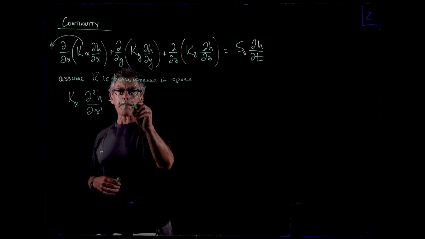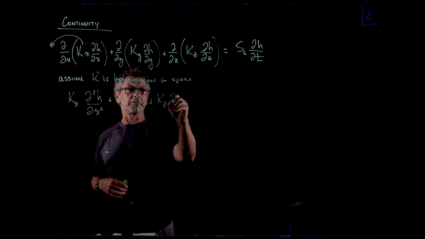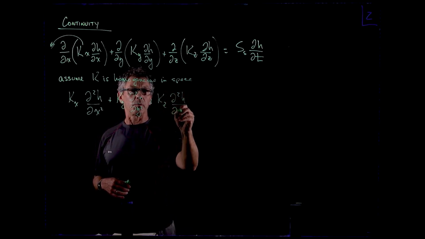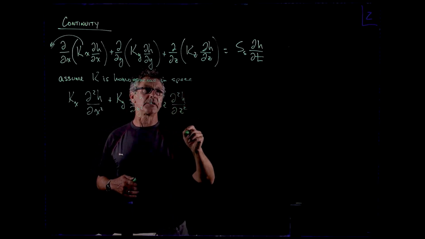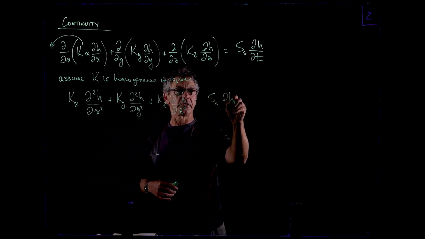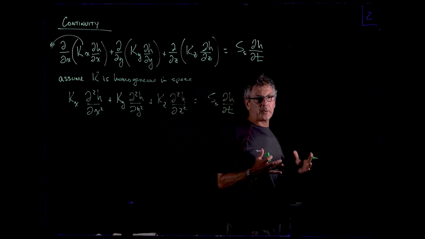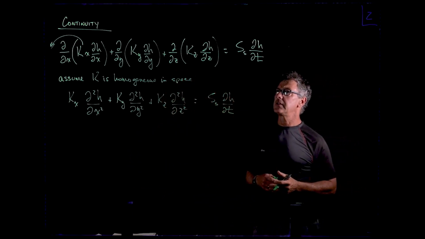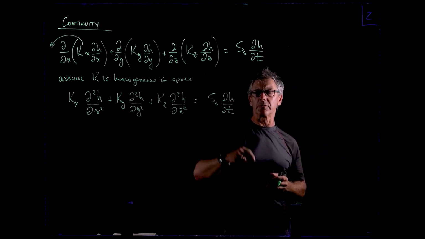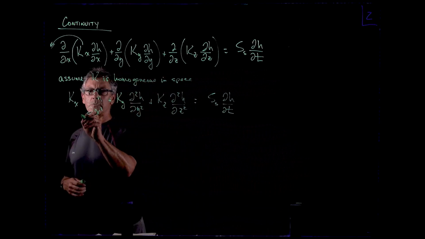So here we have the same equation, but we're assuming that hydraulic conductivity is not changing in space, and nothing's happening at all on the right-hand side. So, yeah, maybe it's not that much simpler, but at least we don't have two sets of derivatives to deal with. This is a second order derivative.